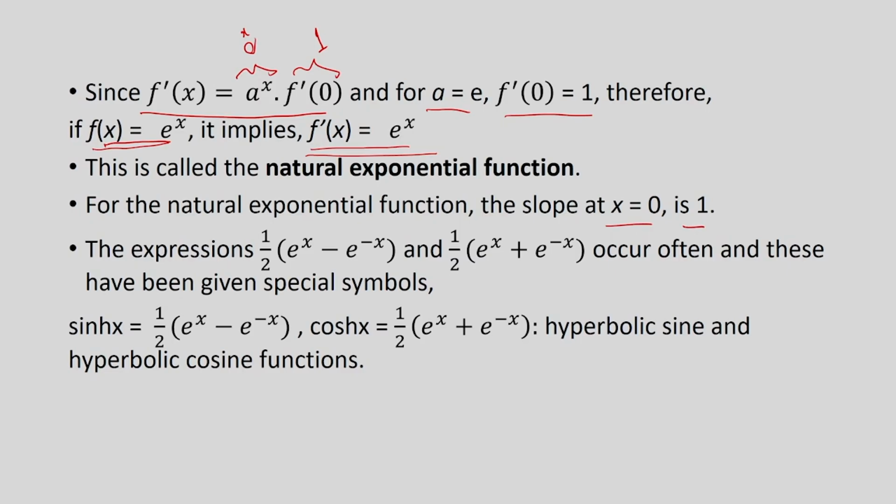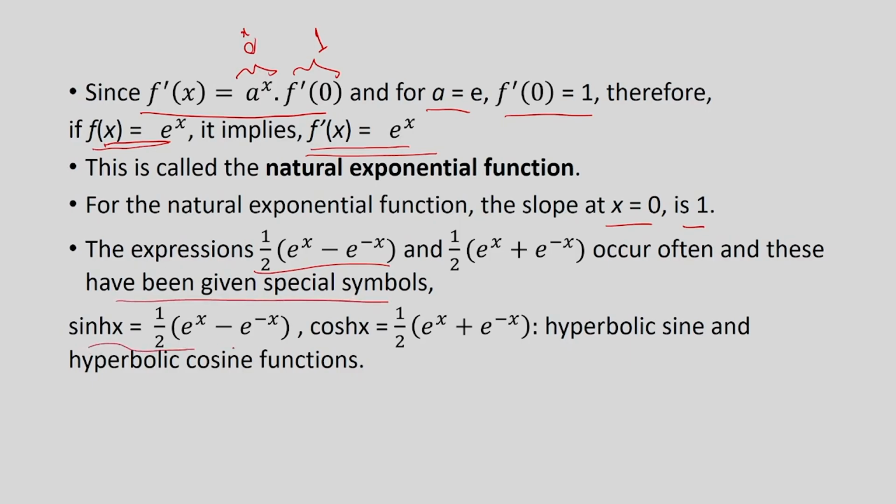The expressions half of e to the power x minus e to the power minus x and half of e to the power x plus e to the power minus x occur often, and these have been given some special symbols.